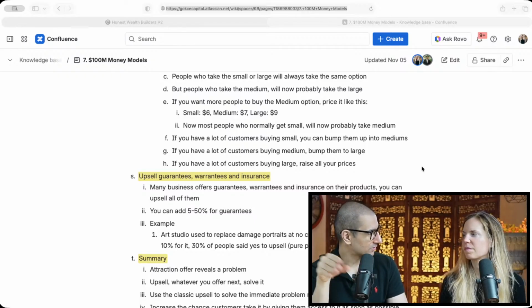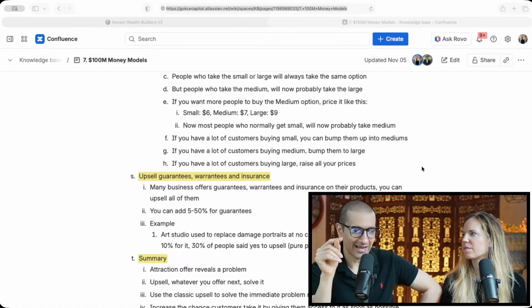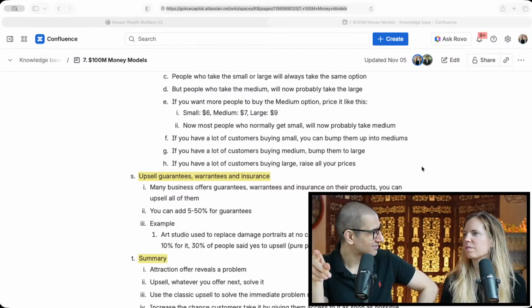A lot of people will shift towards 7. Now, if you do the analytics again and you see that a lot of people are buying medium, but very few people are buying large, then you will implement a strategy like this: small 5, medium 8, and large 9. And then more people will buy large, right?